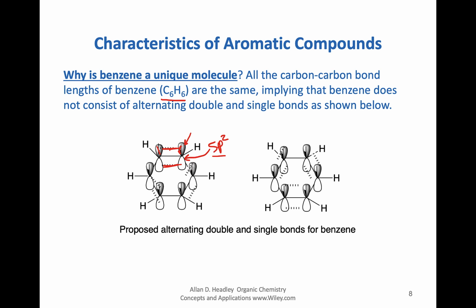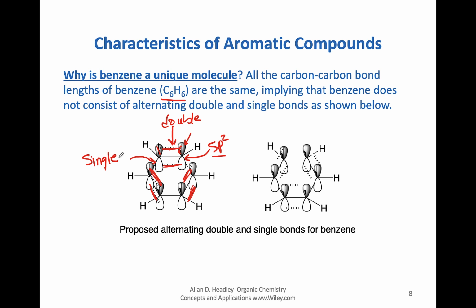And these don't bond here to form that pi bond as we have studied before. And these don't bond here to form that pi bond. So this method would imply that this would be a double bond, and right here would be a single bond. And this would be a single.